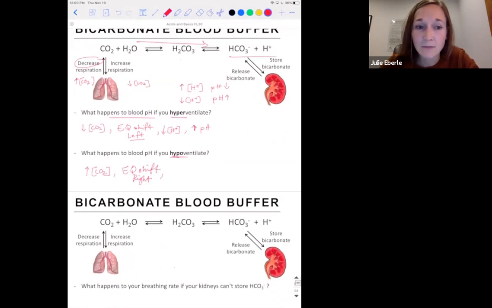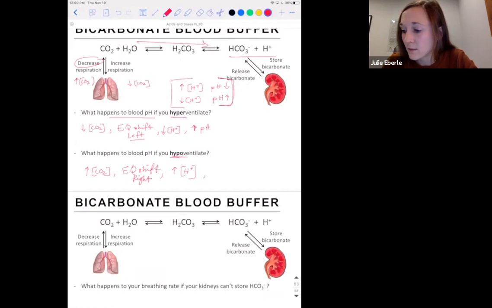Bicarbonate and H plus. We're going to make more of them. So we're going to increase the concentration of H plus. And I'm serious, you really need to at least somewhat have these little relationships memorized or written down somewhere. They're going to help you on this problem. Increase in H plus means a decrease in blood pH, lowers blood pH.